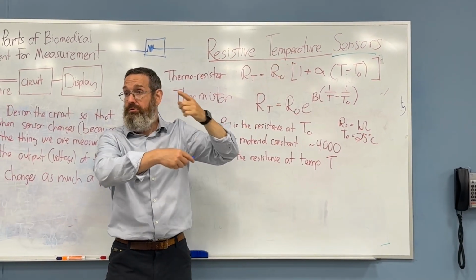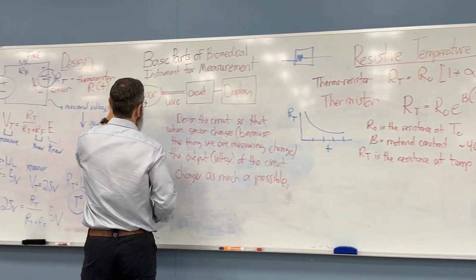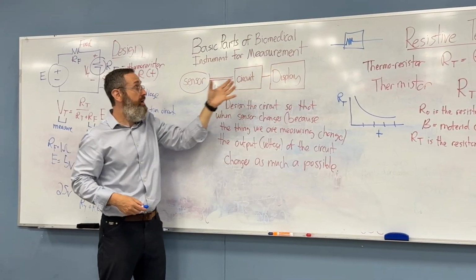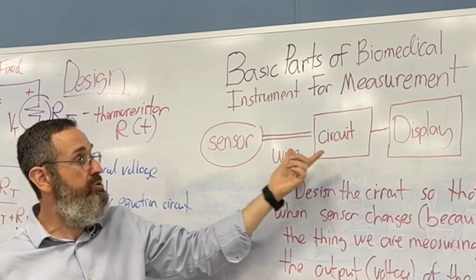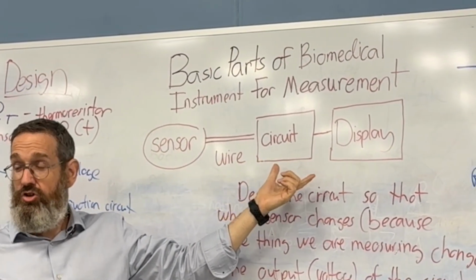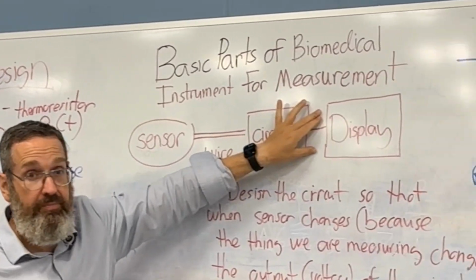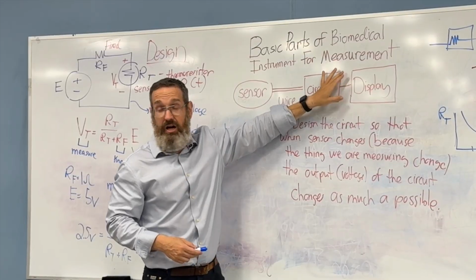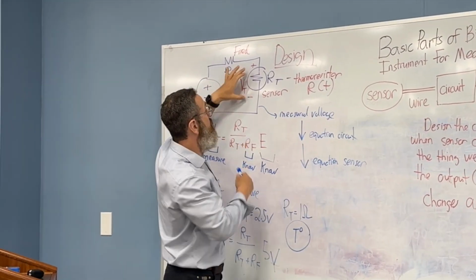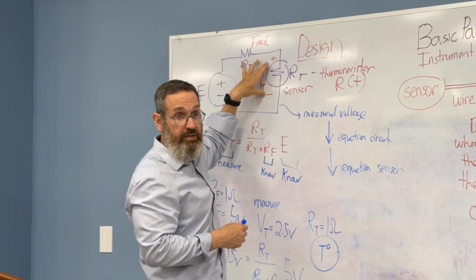Now the process plays its way forward. We must connect the sensor to a circuit. The circuit is reporting a voltage, right? That is the function of the circuit. It's reporting this voltage, right?